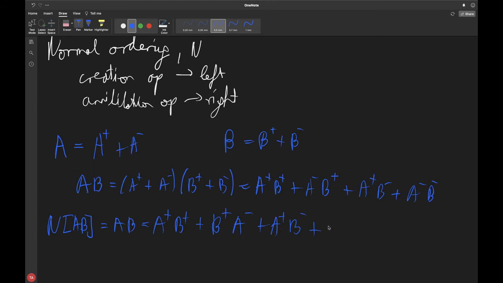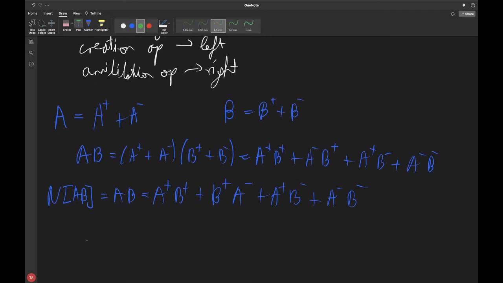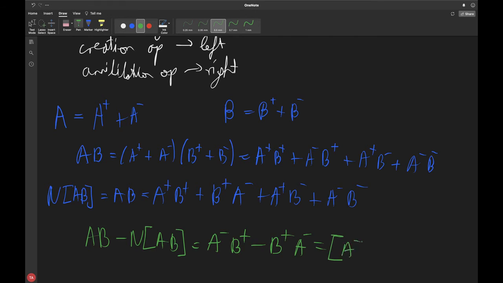Plus the A minus B minus. So the difference between the two is just this term. So if I take AB minus the normal ordering of AB, that's the same as A minus B plus minus B plus A minus. And that's the definition of the commutator, right? So this is A minus and B plus commuted with each other.